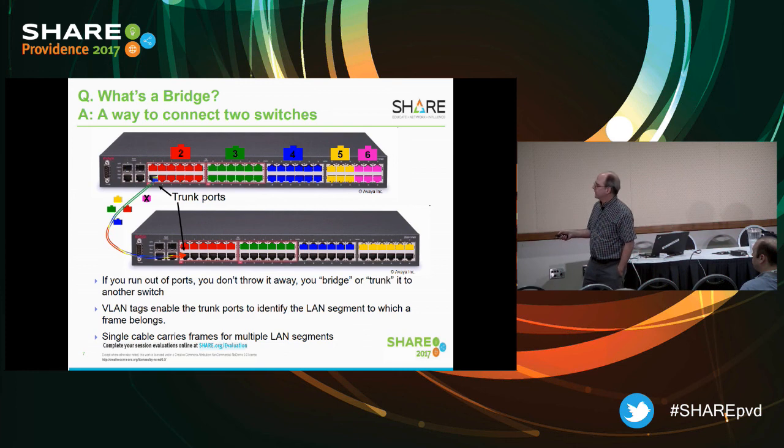If it came in without a tag, without a color associated with it, the switch would go, huh, what do I do with that? Well, I'm going to assume, since you didn't tell me, I'm going to make an assumption. And in the world of switches, there's a term we call the native VLAN ID. And it says if I'm on a trunk port and I receive something without a tag, I'm going to assume it's part of the native VLAN ID.